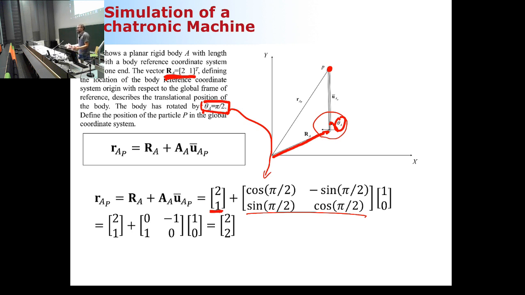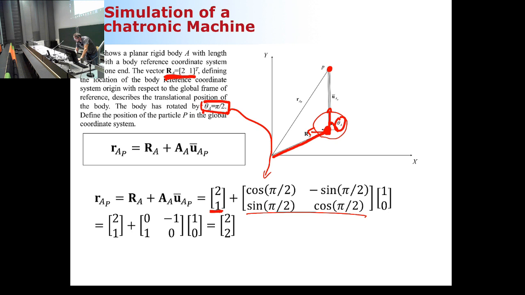That's it. And now comes the difficult part. How can I define the vector u-bar? The only way to make it happen is that you have to put yourself at this place, the origin of the body reference coordinate system. Sorry that this is a bit messy, but I cannot clear this at the moment.